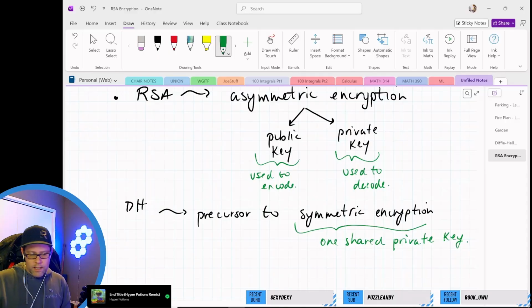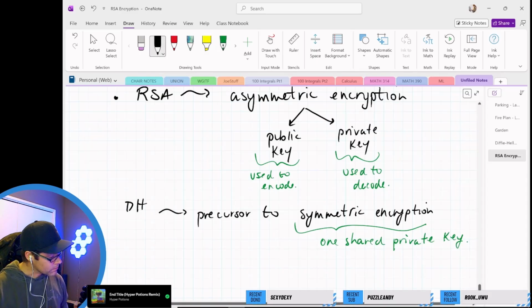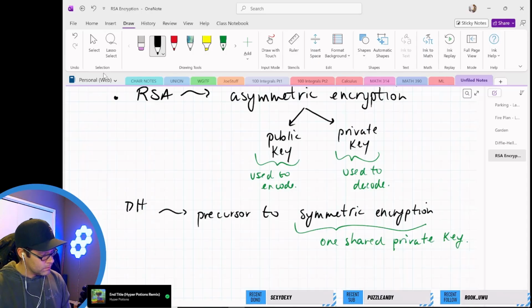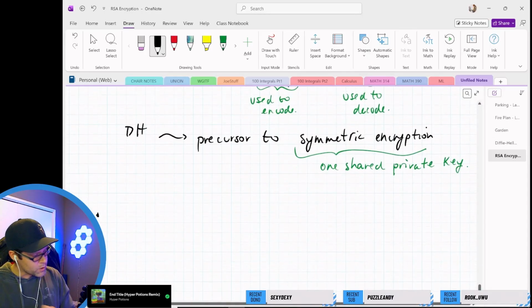That's the only key that is able to do all of the work, and DH creates that shared private key. So I think that's what I'm trying to say here. Okay, so that's one main difference.